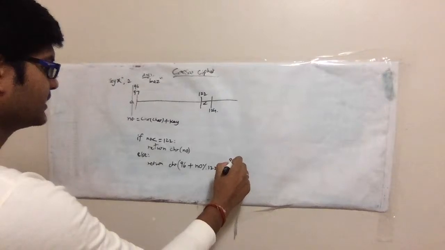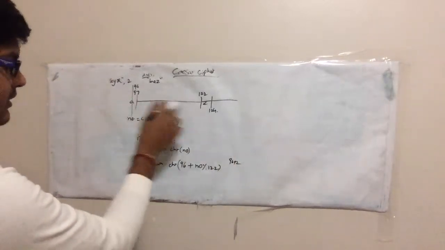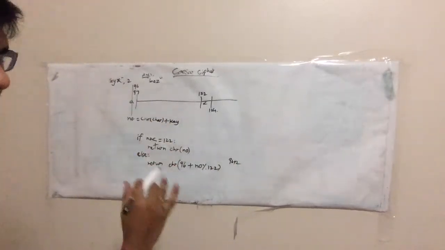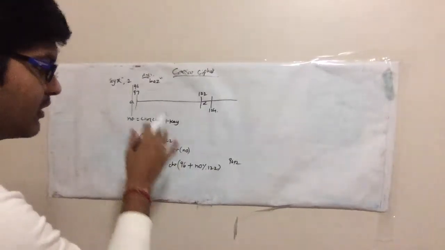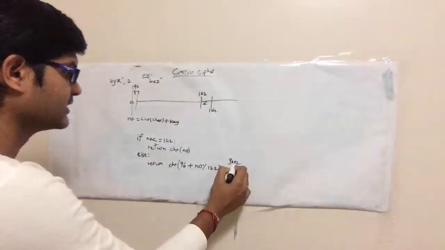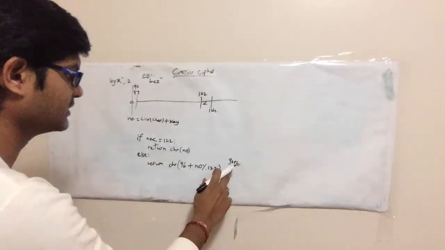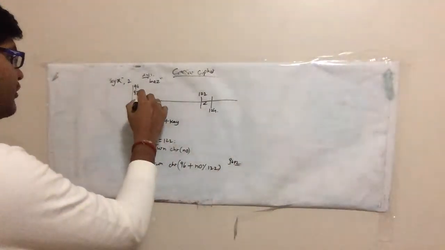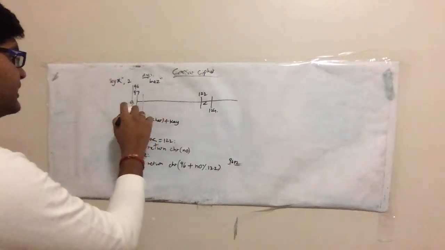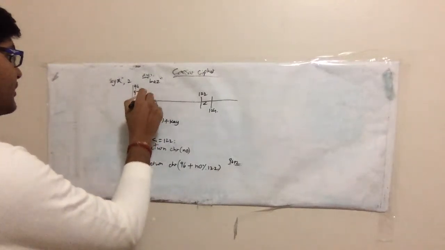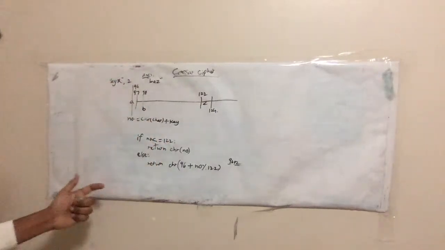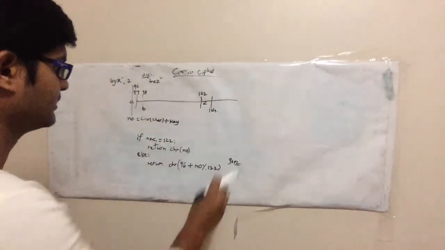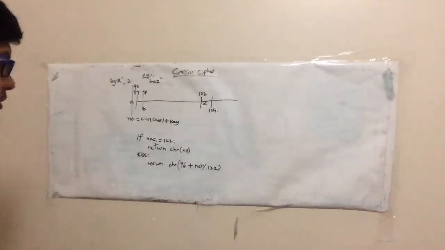There is no character for 96 in the English alphabet, but we are not bothered about that. 96 plus 2 gives 98. What is 98? 98 is b. So z is converted to b. This is the one thing that we can use.